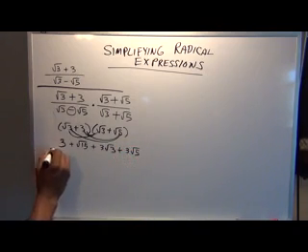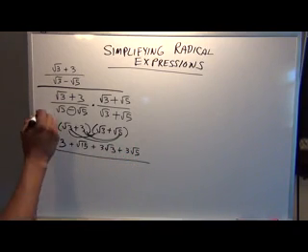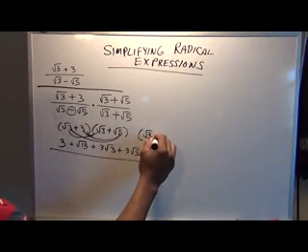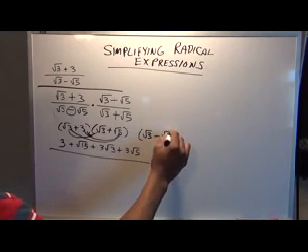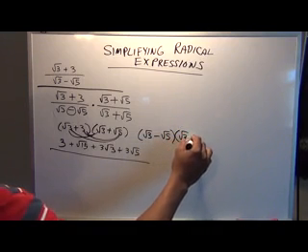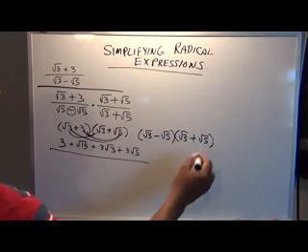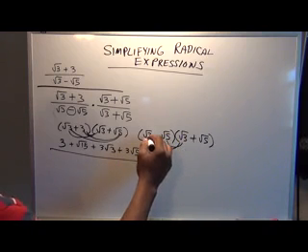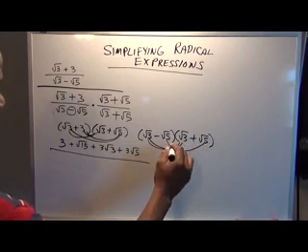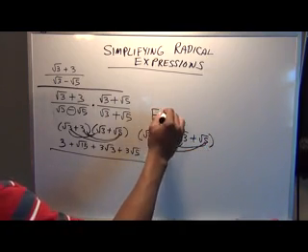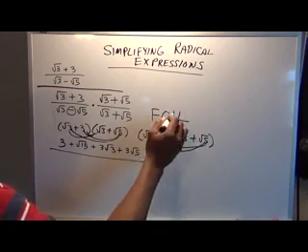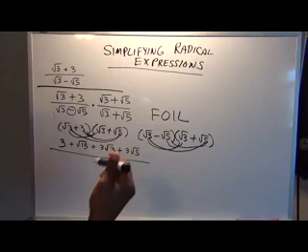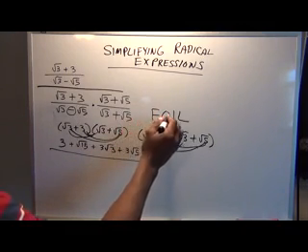So that's the numerator. For the denominator, we're going to do square root of 3 minus the square root of 5 times the square root of 3 plus the square root of 5. And we do first, outer, inner, and last. The reason I changed it around is because I want you to think of FOIL: first, outer, inner, last.